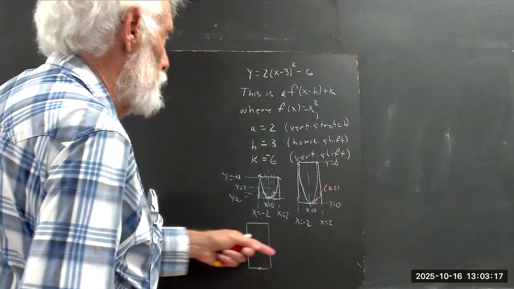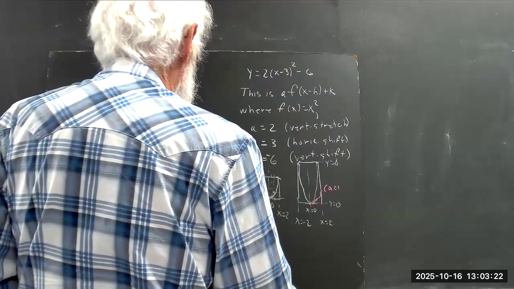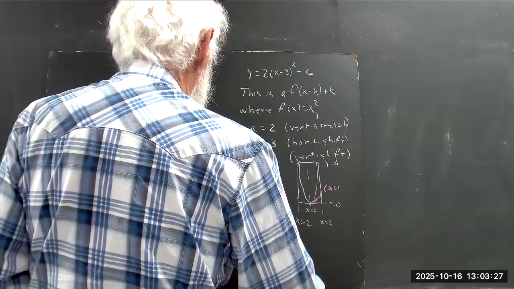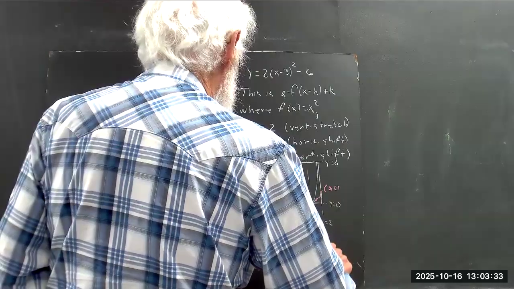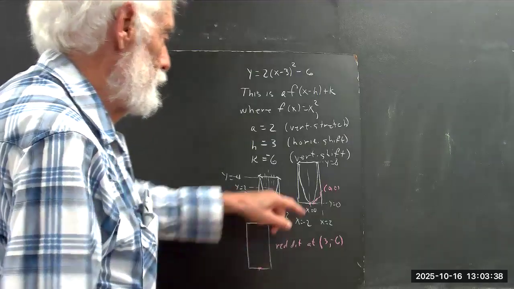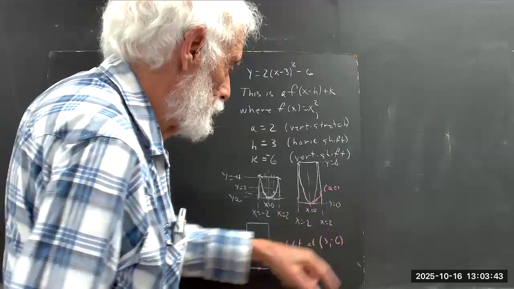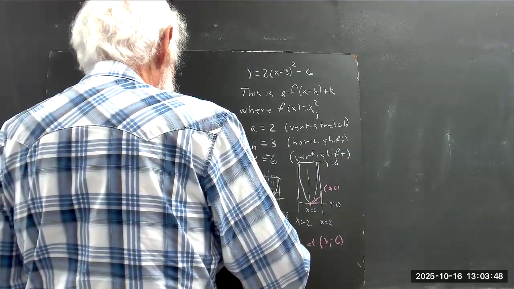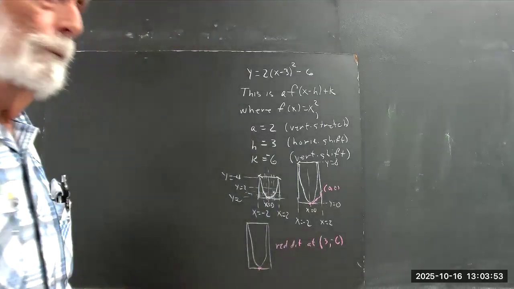It's now horizontally shifted 3 units and vertically shifted negative 6 units, so that your red dot is at 3, negative 6. Take this, move it over 3 units. X is going to become 3. Move it down 6 units. Y is going to become negative 6. And right there's your graph. Not very well drawn. Okay.